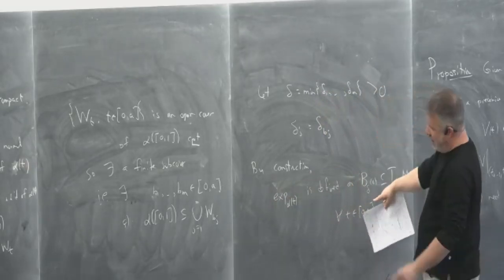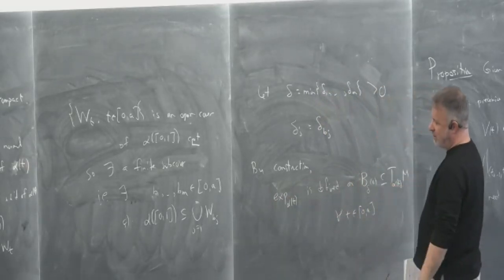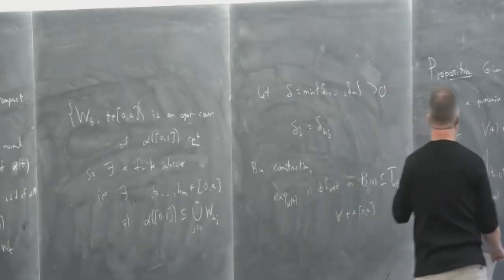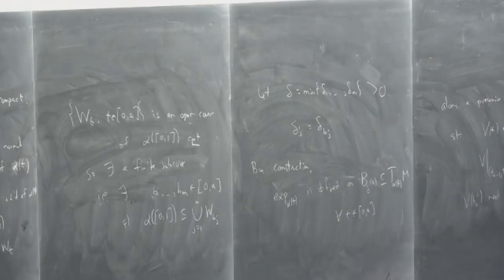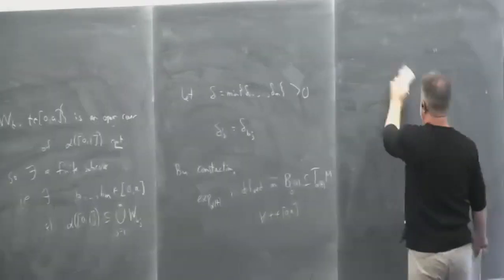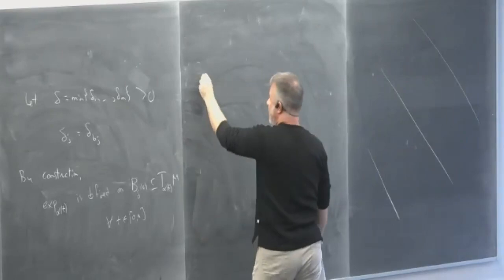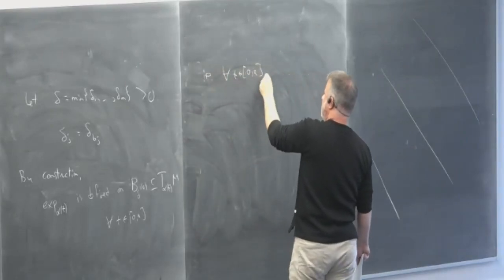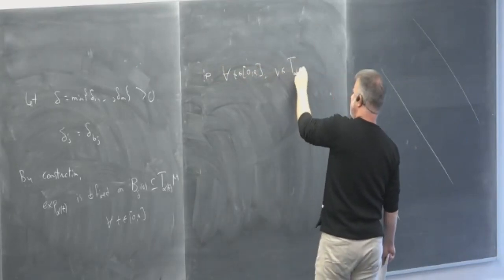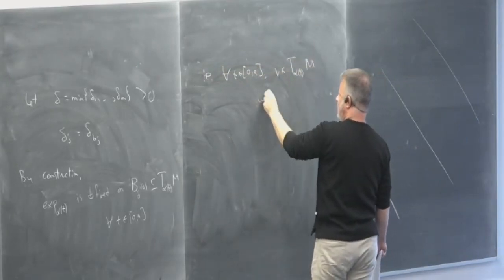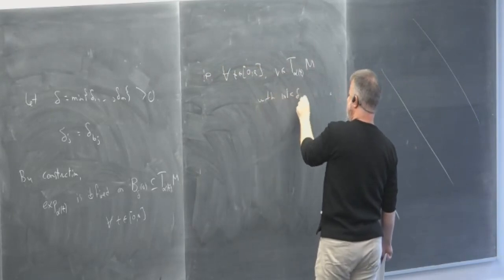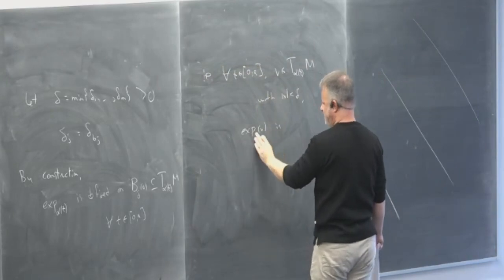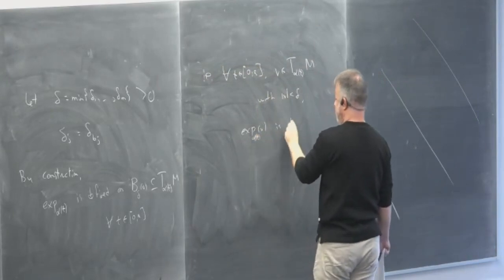In other words, I find a uniform time of existence for the exponential map everywhere along this curve. Maybe it's worth saying it again, but slightly differently: for all t in [0, A] and v in T_{alpha(t)}M with norm of v less than delta, exp_{alpha(t)} of v is defined.